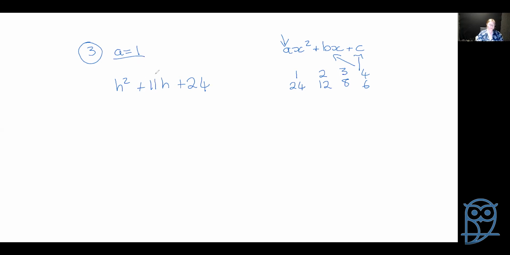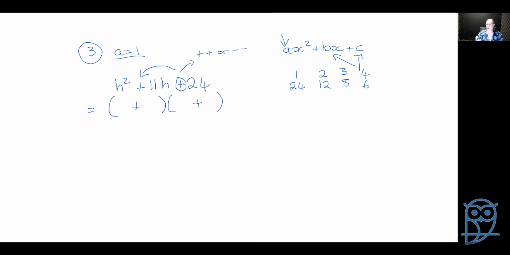So over here, this is a plus, which means that our signs in our brackets are either going to be a plus and a plus or a minus and a minus. In order to figure out which of these it is, we're going to look at this one. This is a plus. So we know in our brackets, we're going to have a plus and a plus.